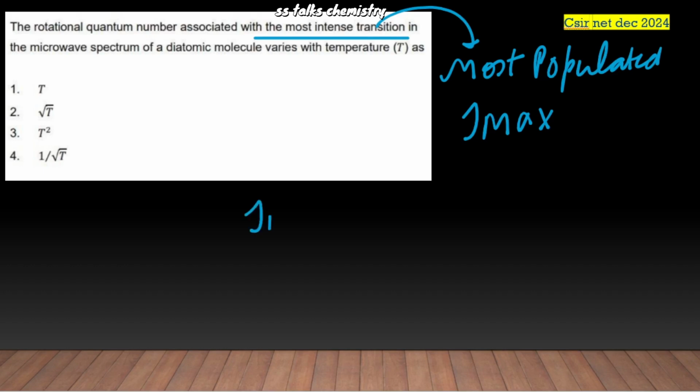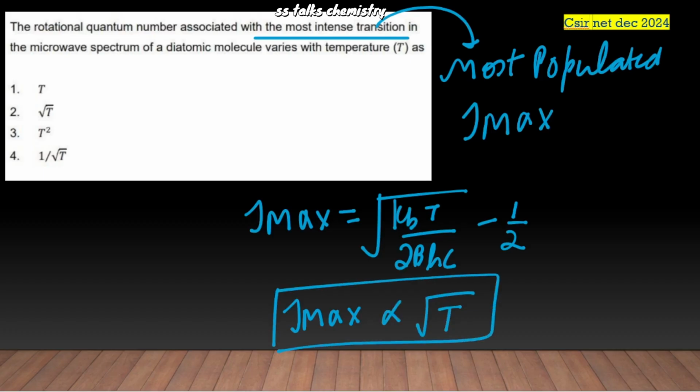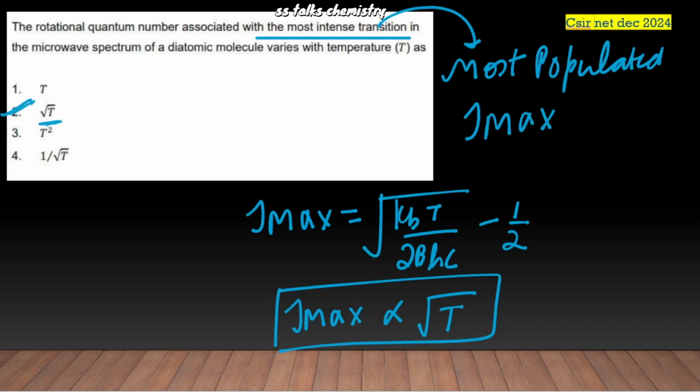The general formula is J max equals root of kBT by 2BHC, minus half. The half we can ignore. So J max is proportional to root T, that is T raised to the power of half. The second option will be the right answer.